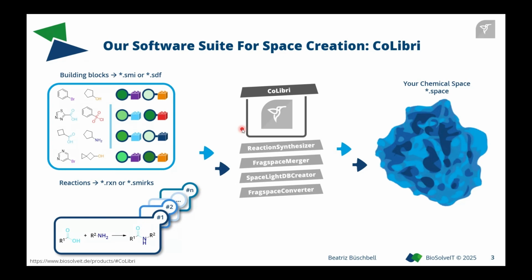Regarding the reactions, they should ideally be robust, one-pot synthesis that does not require an intermediate purification step. This would lead to reasonable compound prices in the end, because we've heard in the talks before, we want to save money. But you probably know your chemistry best.